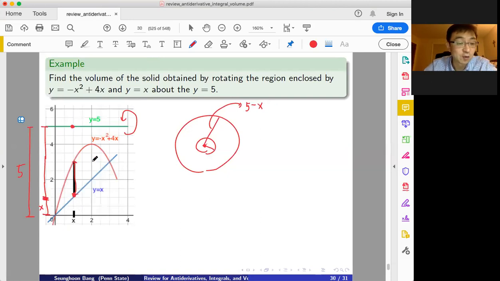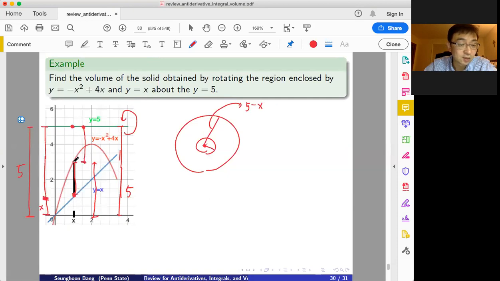The next one. What is the inner radius? The inner radius is from the center here till this one. This is the inner radius. The whole length is 5. What is the length from here to here?